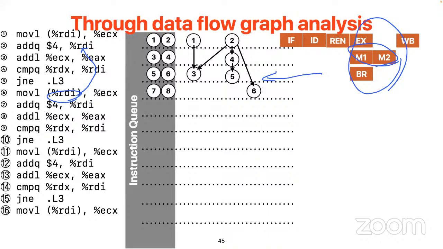Now, in the next cycle, 7 depends on 2 only, so 7 can definitely be executed. It's also not conflicting with the functional units that 6 is using, so we can safely execute both of them. And 8 depends on the outcome of 6, so it cannot be executed at this time.